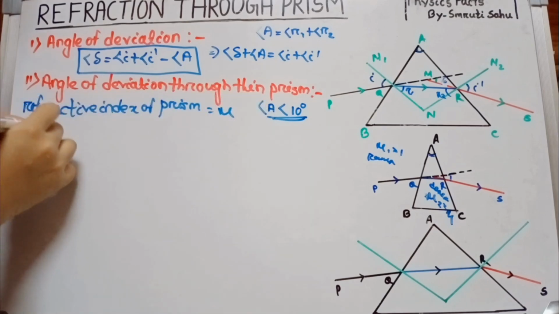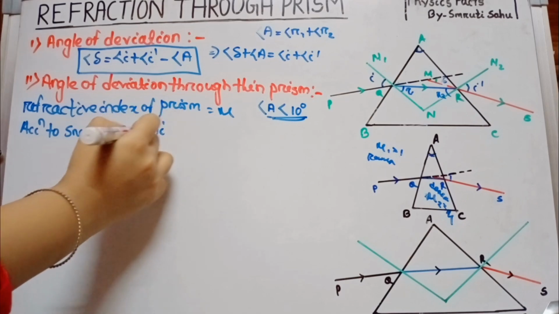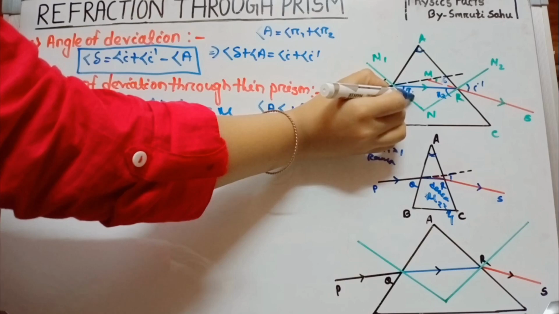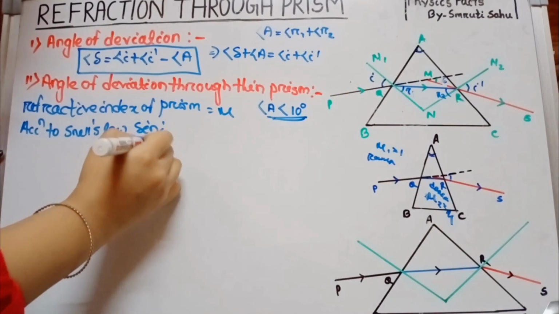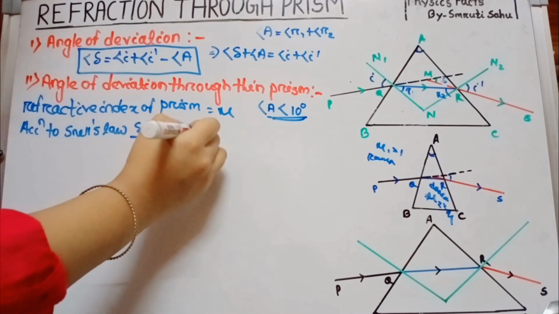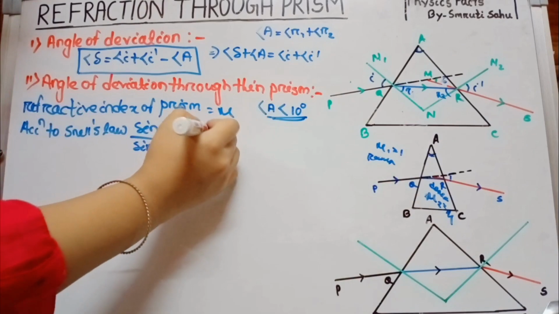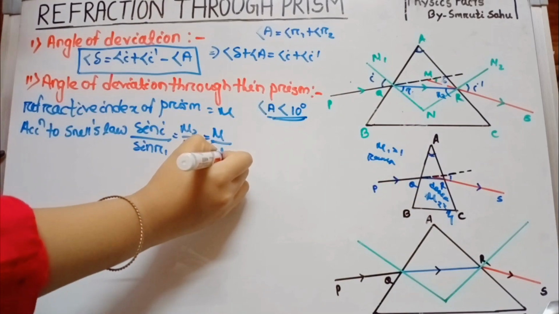According to Snell's law, we know that sin I by sin R1 equals mu2 by mu1. Mu2 is the refractive index of the prism, taken as mu, and mu1 is the refractive index of air, taken as 1.